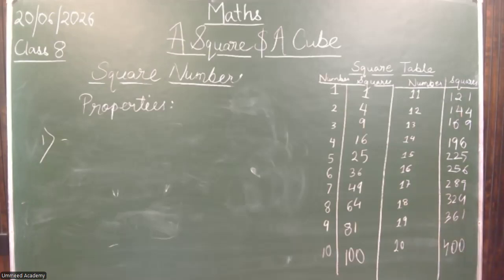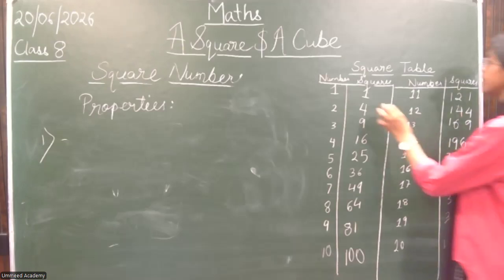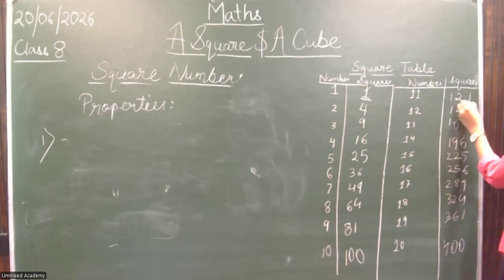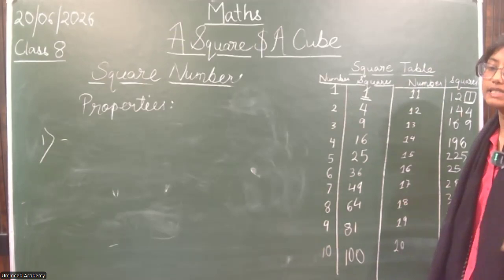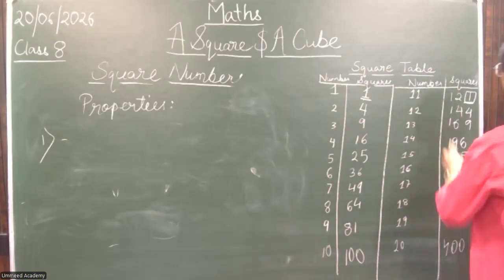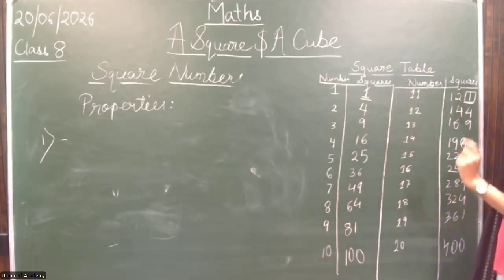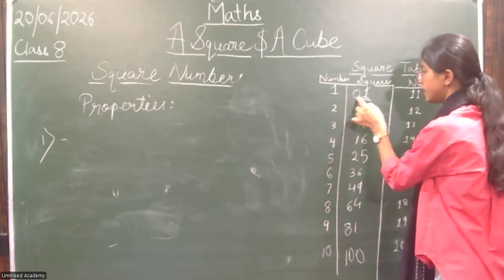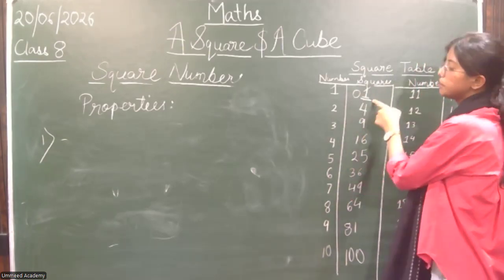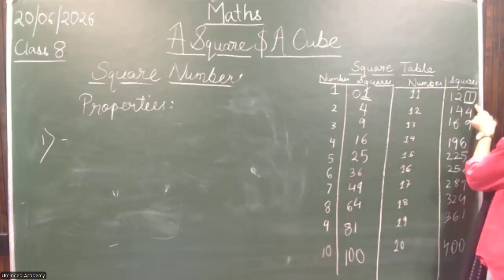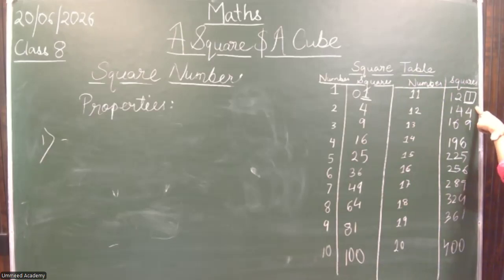So, while observing the squares, you will notice a pattern. The last digit, the digit at the ones place, what do we call it? We call it the unit digit. So here, what is there in the units place? 1 only, because we write it as 01, right? So the unit place has 1, 1.